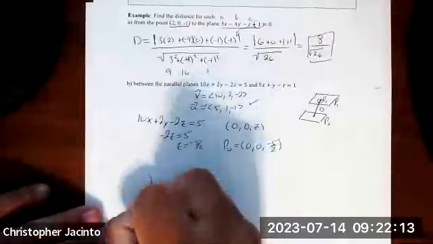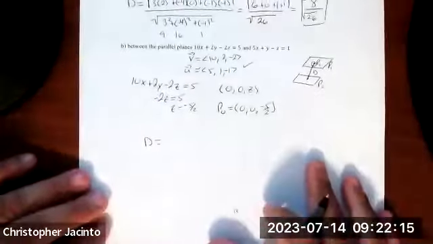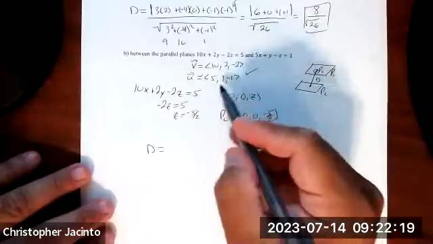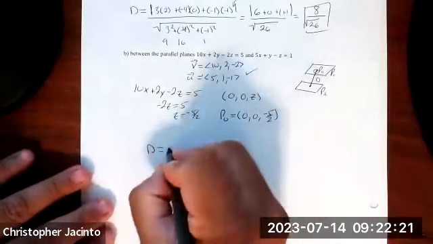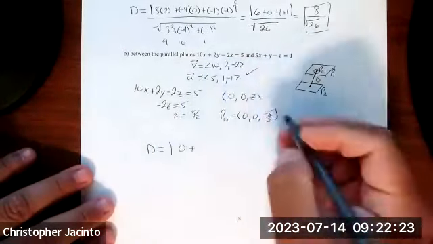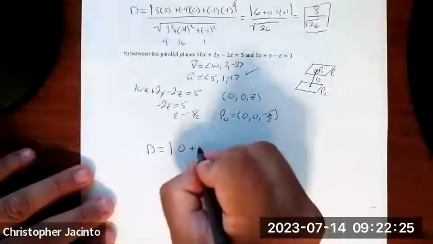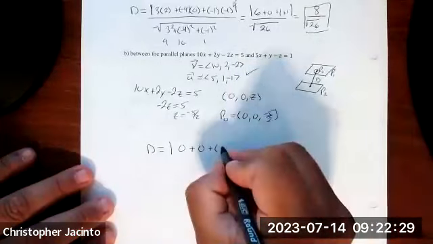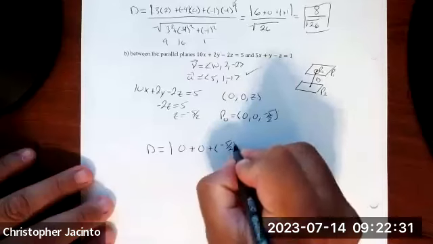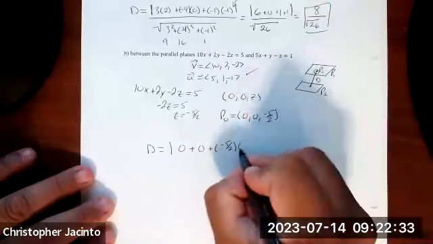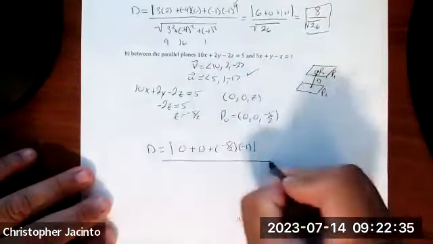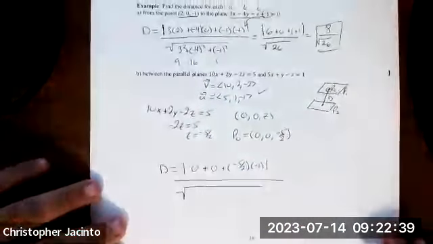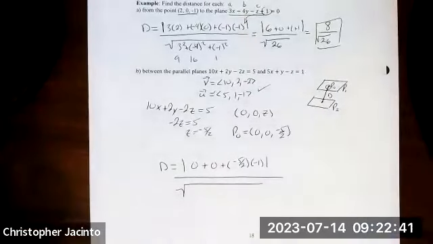So the distance is now going to be 0 times 5, which is 0, plus 0 times 2, which is also 0, plus -5 halves times -1, all over the magnitude or the length of the vector.